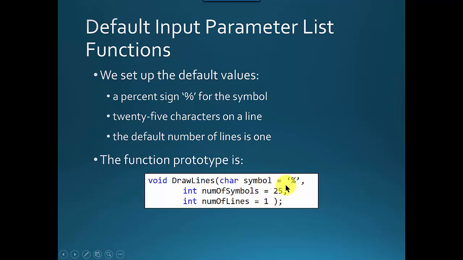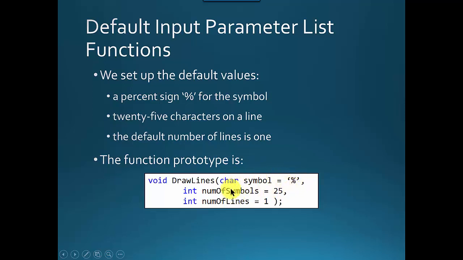So to do that, notice how the function prototype has these assignment operations right inside of the parameter list. This is not saying that every time you call this, symbol will equal percent, num symbols will equal 25, and num lines will equal 1. What this is saying is that if the user does not provide a parameter for symbol, then percent will be used.